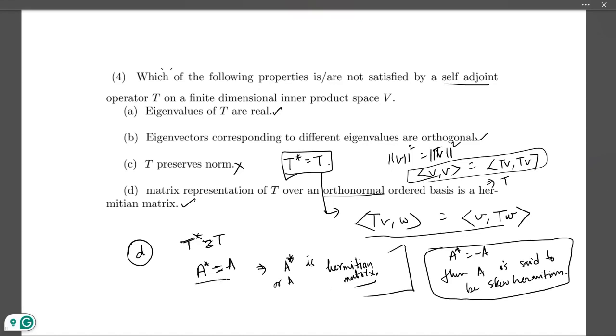So if you remember Hermitian matrices, then good. They are such matrices that A star is equal to A. And skew Hermitian matrices, A star is equal to minus A. Okay. So this is not satisfied, and this part is the only correct option.